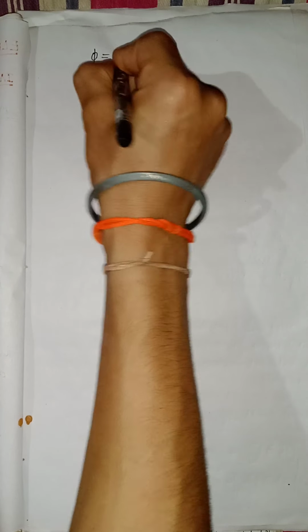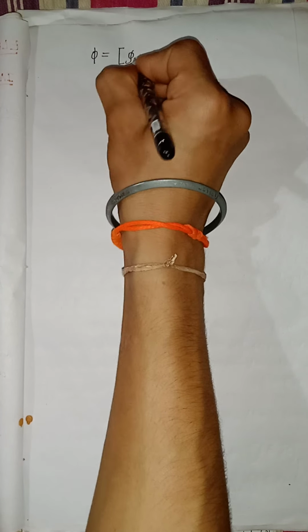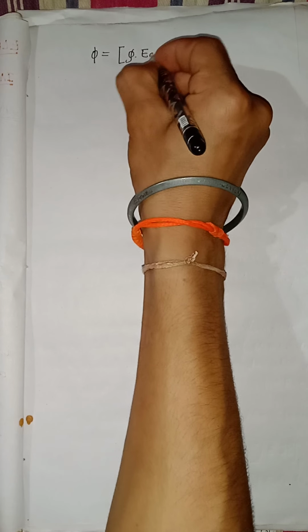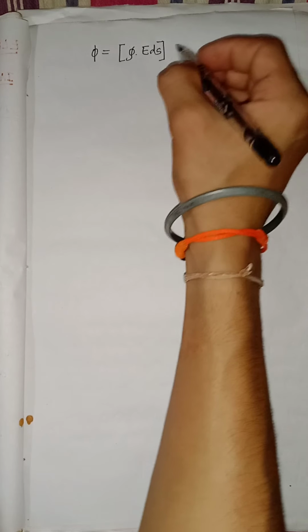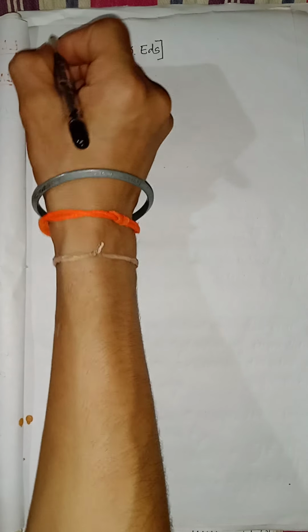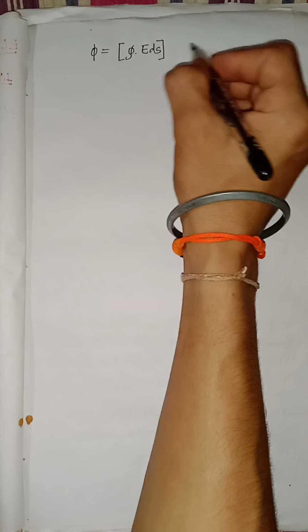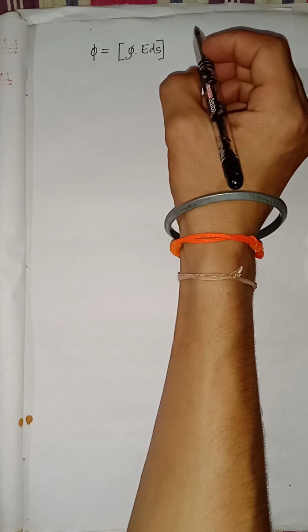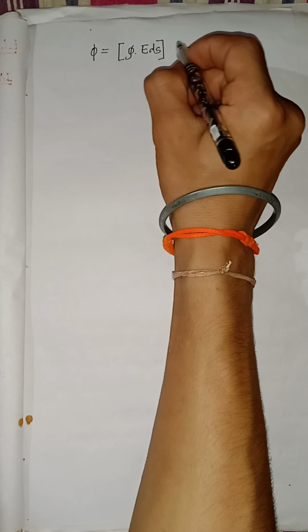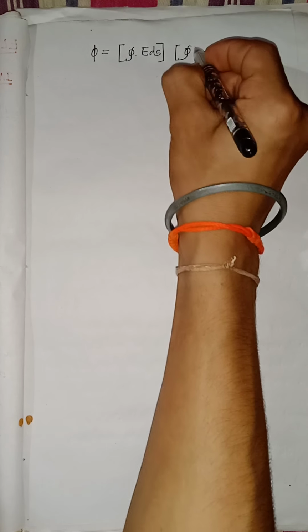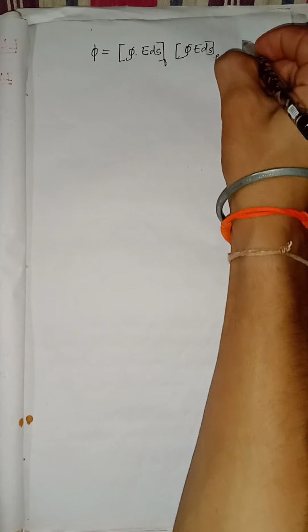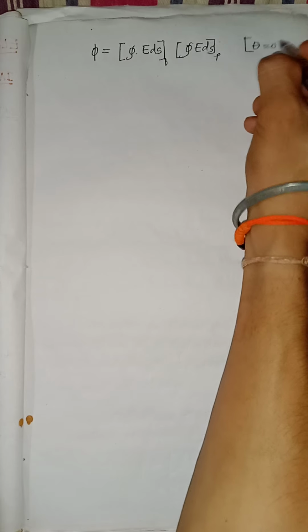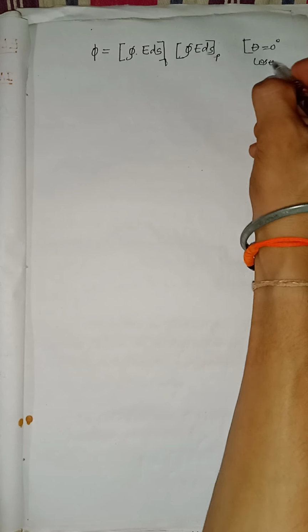Phi will be equal to closed integration of E dS plus closed integration of E dS at point P. Since theta is equal to 0 degree, then cos theta will be equal to 1.